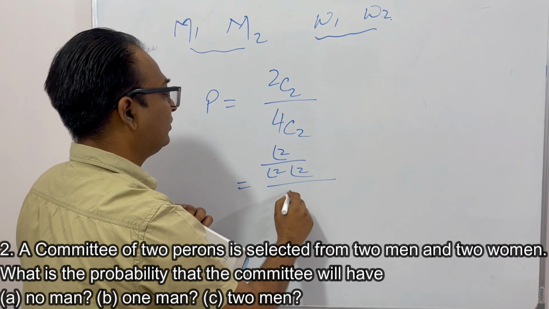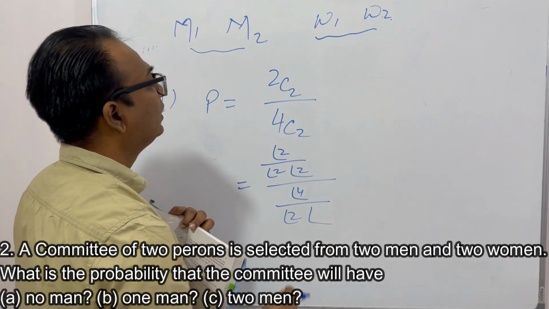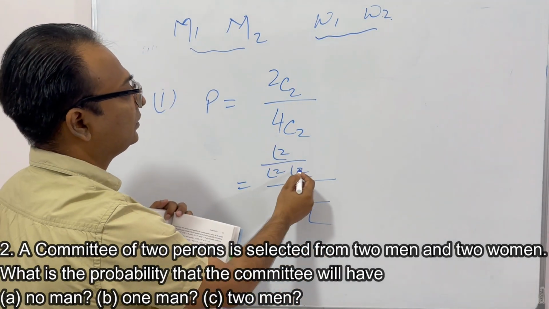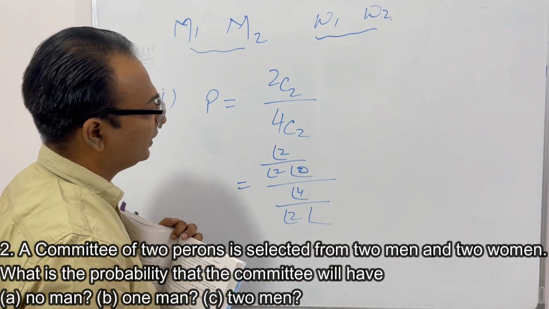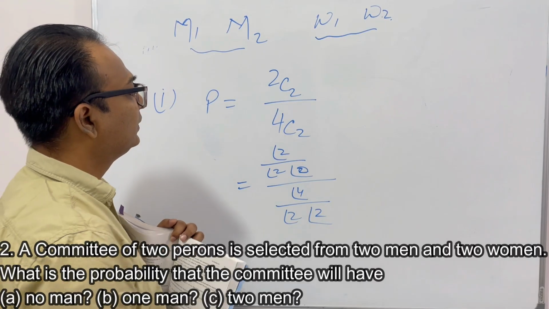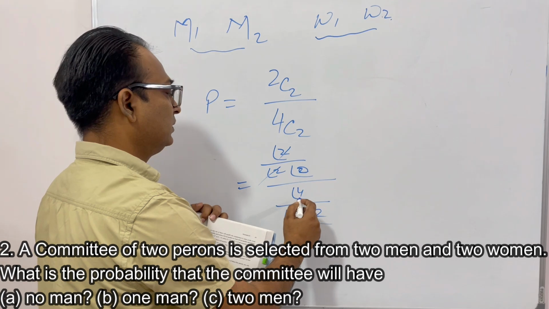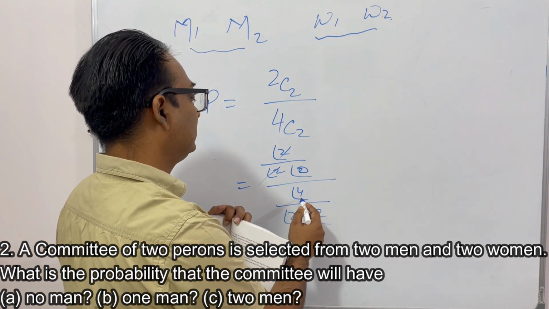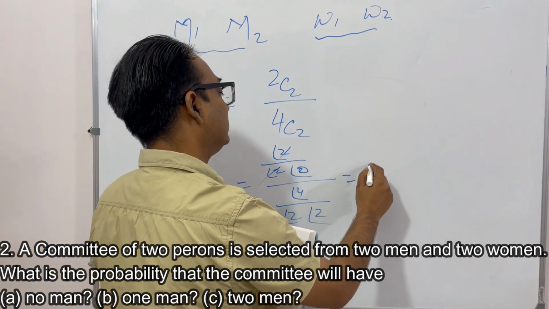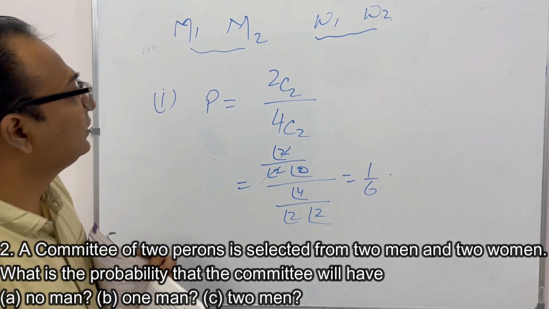This will be factorial 4 by factorial 2 factorial 2. So this is 4 into 3, and then factorial 2 cancels. So this is 1 by 6. The probability is 1 by 6.